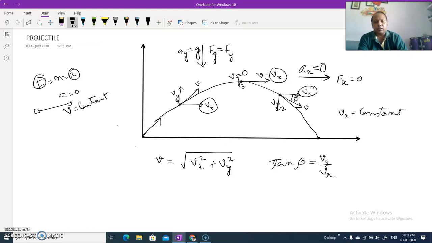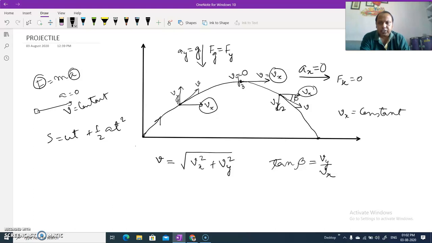One more thing you should always remember: whenever we solve numericals based on projectile motion, we always take the equation of displacement, S equal to ut plus half at square. Here there is displacement in both directions, along the x-axis and along the y-axis.